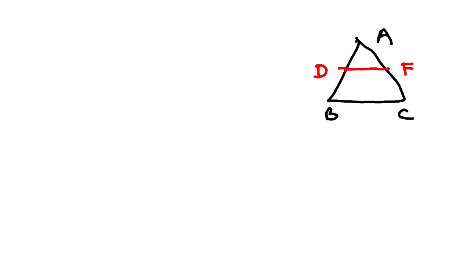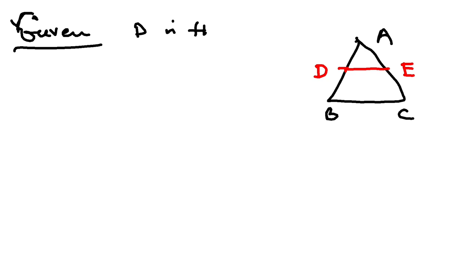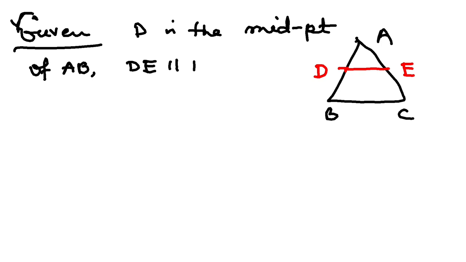So we have this triangle ABC. D is the midpoint of AB and we have drawn DE parallel to BC. If I write what is being given over here, the information will come like this: D is the midpoint of AB and DE is parallel to BC.